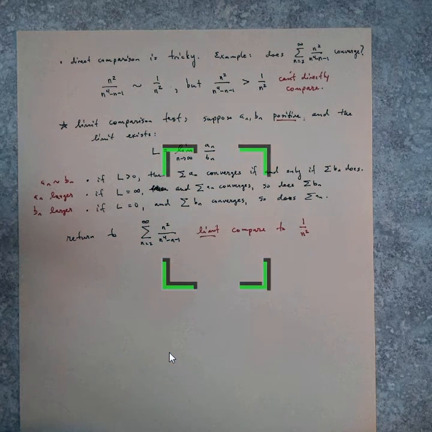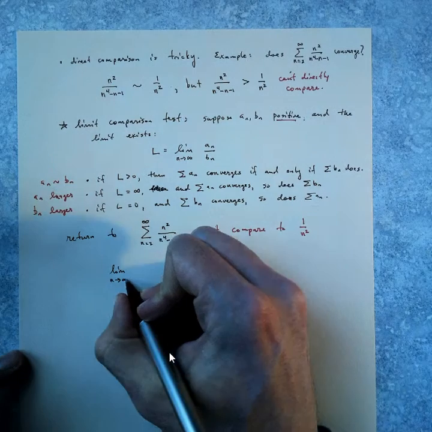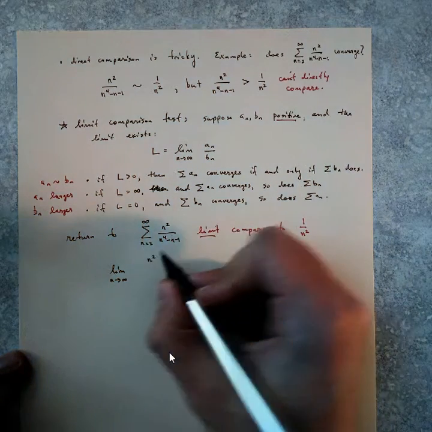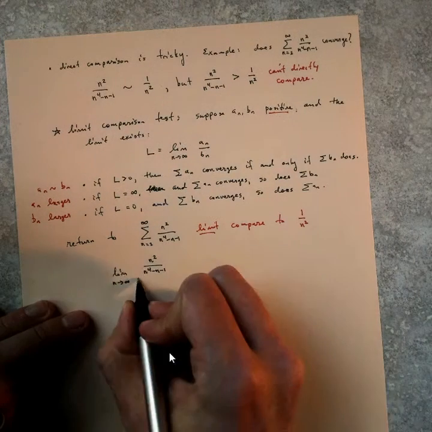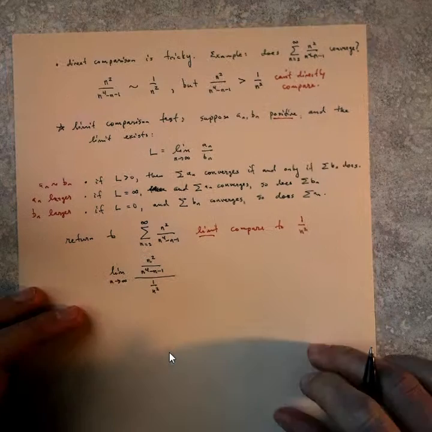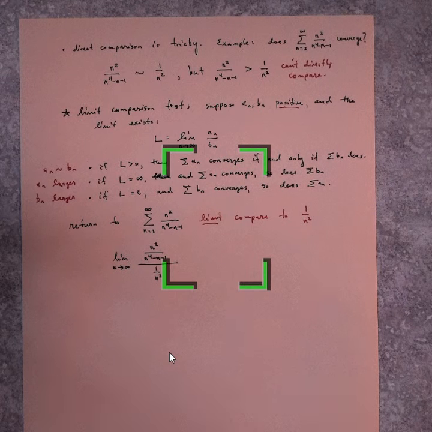So what we do is we stack these up. So let's write this guy divided by this guy. Okay, it looks complicated, but it's not bad. This is the limit as n goes to infinity. Multiply by the reciprocal and you get n to the 4 over n to the 4 minus n minus 1. This is 1.